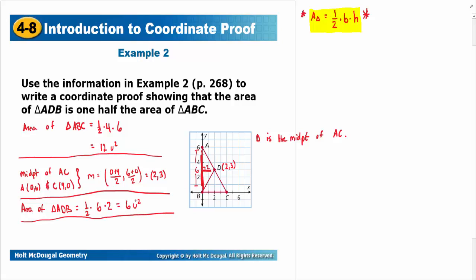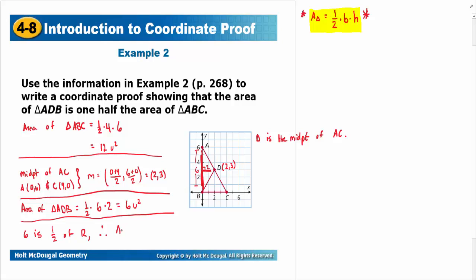So what we're trying to do here is prove that the area of triangle ADB is 1/2 the area of triangle ABC. So therefore, actually we probably need to say one statement before I say therefore. So we know 6 is 1/2 of 12.